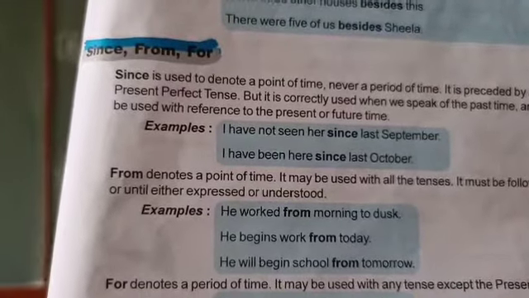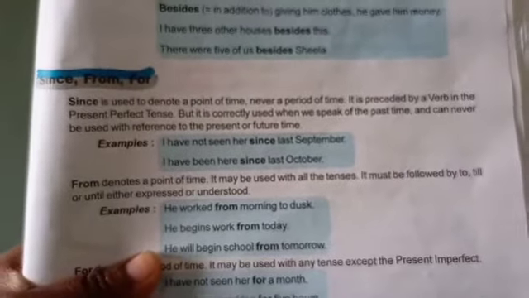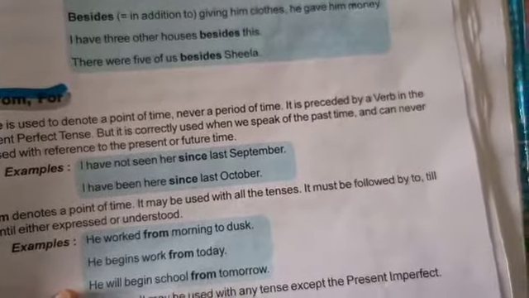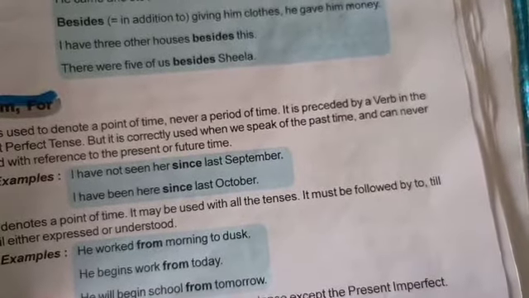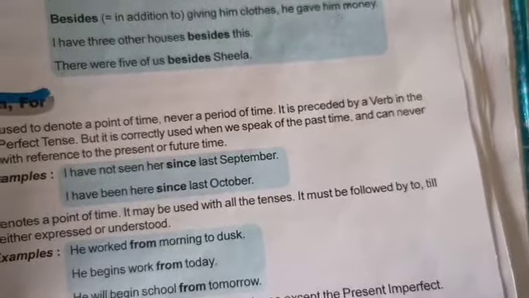You know present perfect tense, what is present perfect tense? The work that has started in present but has not ended yet. So such actions are known as present perfect tense. But it is correctly used when we speak of past time and can never be used with reference to future or present time.